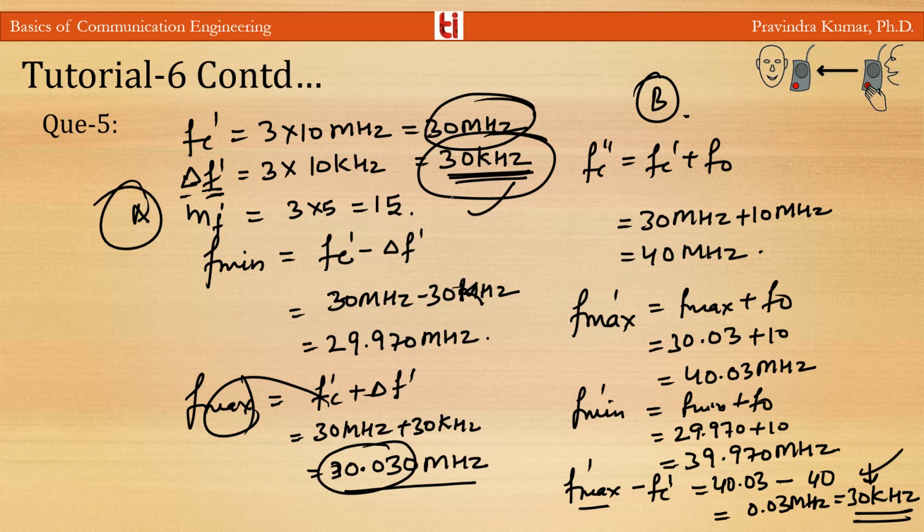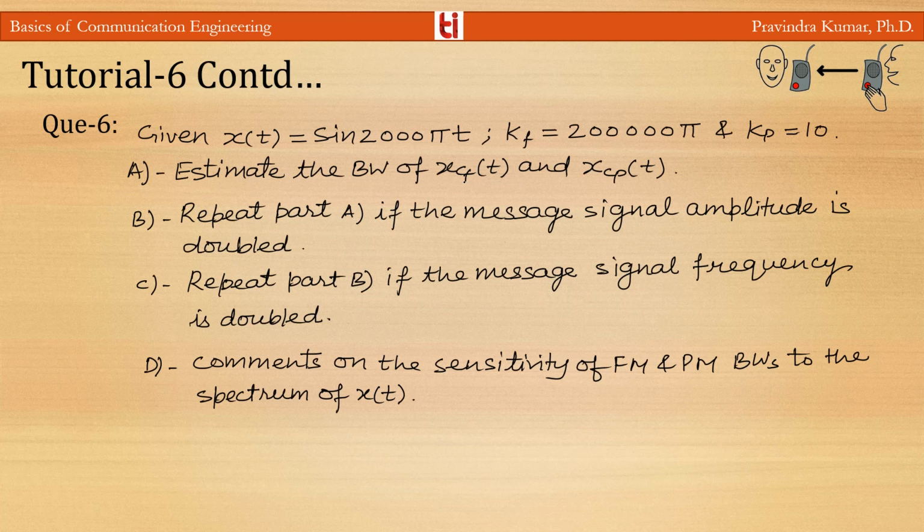So these frequency deviations are the same. As we can see, there is no change in the deviation due to mixing. The modulation index will remain the same. MF is 15.